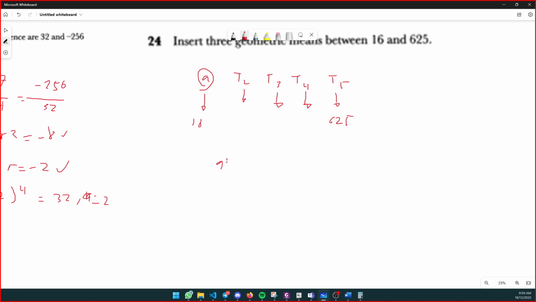So this A times r^4 equals 625, and A is 16, so that's 16 r^4 equals 625. So r^4 equals 625 over 16. This is actually a trick: r^4 actually equals 5 over 2, to the power 4.